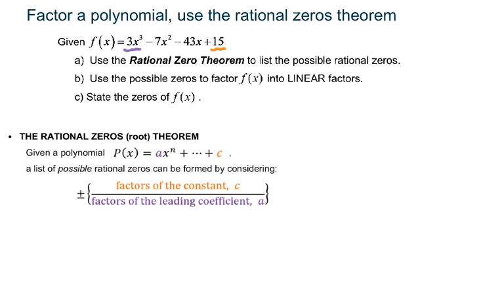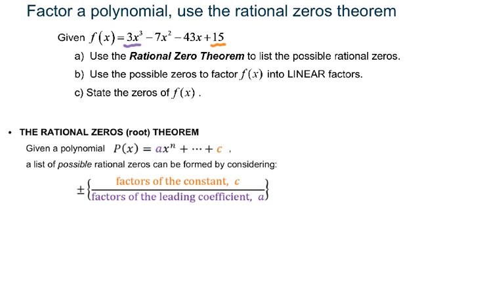But with this theorem, I can take the factors of the constant, divide them by the factors of the leading coefficient, and this is going to give us a small set of possible zeros.